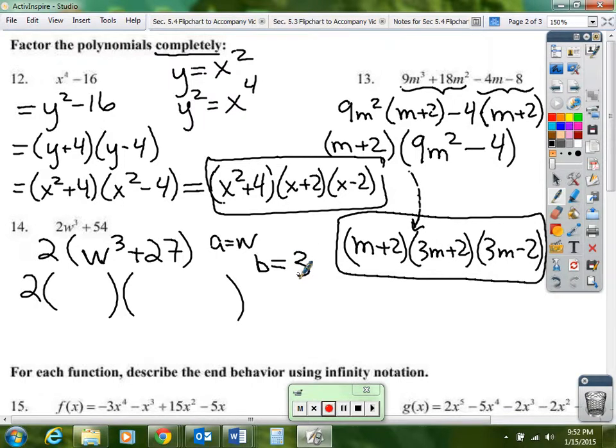W is the cube root of W to the third, and 3 is the cube root of 27. Using these in the formula, we get W plus 3, W squared minus 3W plus 3 squared, which is 9. And this is our final answer.